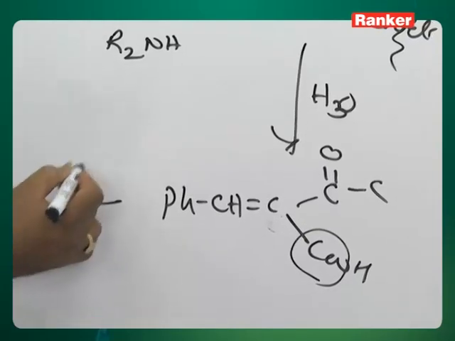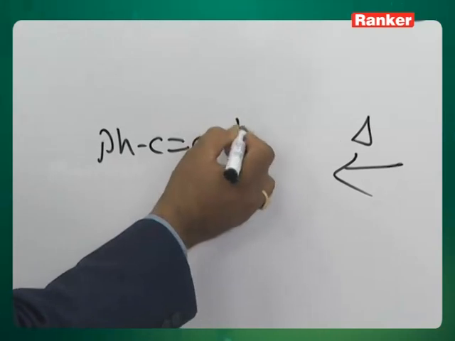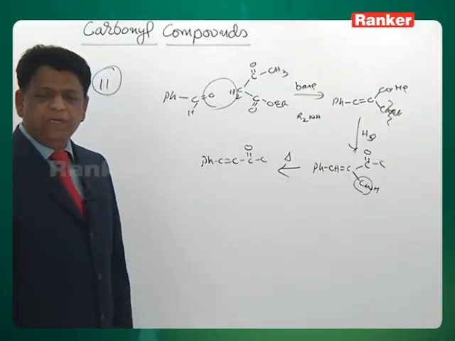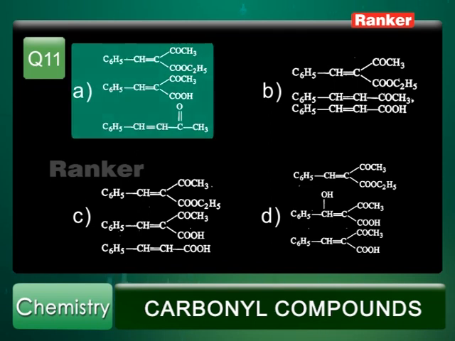So on heating it gives a phenyl with unsaturation and a COCH3. This is the final answer. So the first option in A, you see there is a condensed product and then a hydrolyzed product with COOH group, and then the COOH is lost. So you will get a phenyl with a cinnamic type of ketone derived. That is the answer. A is the right answer.